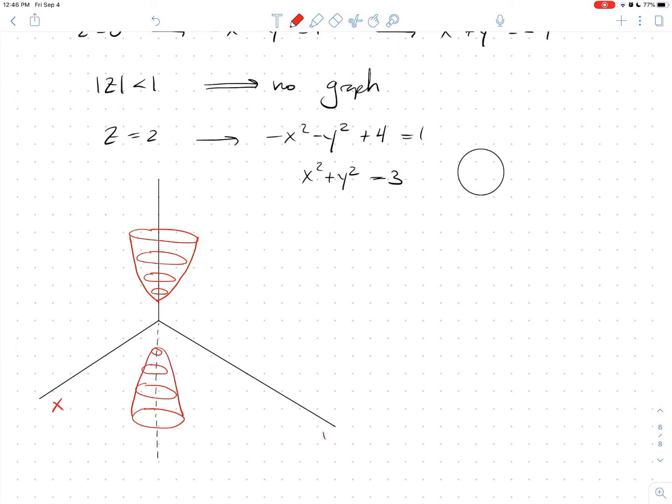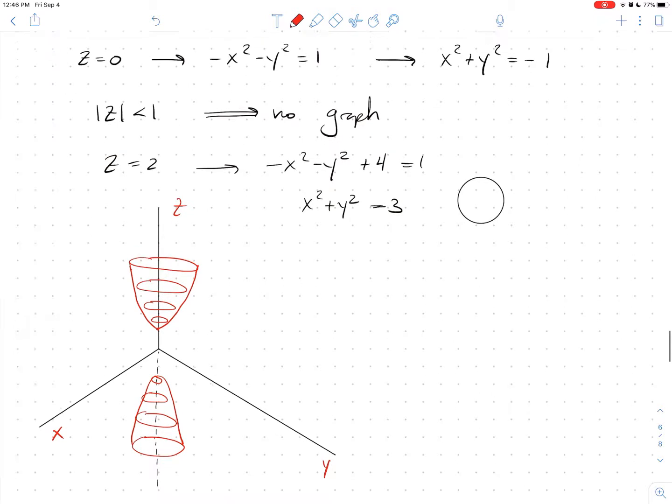What if we cut it the other way? This is the x-axis, y-axis, and z-axis. We've been cutting it horizontally. Let's fix a y now. You can fix an x as well, and it's going to be the same type of graph. What happens when you fix a y and slice it up? Well, we're going to get a hyperbola. You can already see it there. But let's do it.